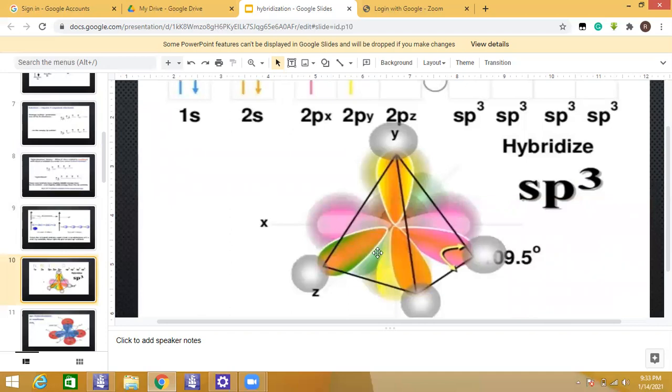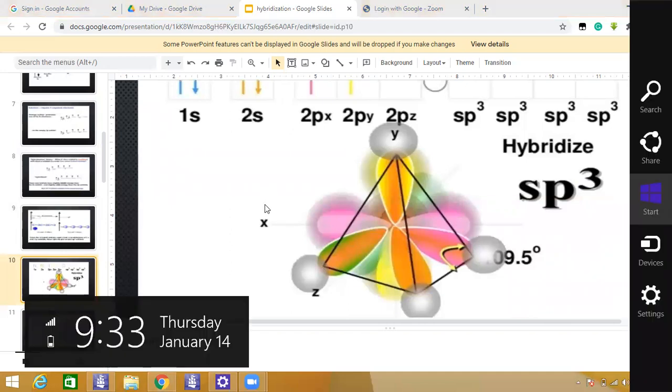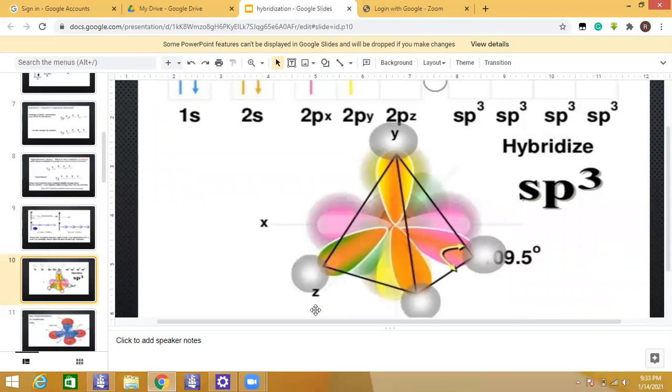This is the hydrogen atom overlapping with this corner of the tetrahedron, and the 1s orbital of hydrogen overlaps with the sp3 orbital of the carbon atom to form one C-H sigma bond like this. One C-H sigma bond over here, one over here, one over here. These are four in total, so four C-H sigma bonds are formed.